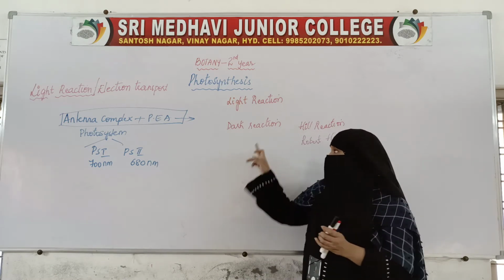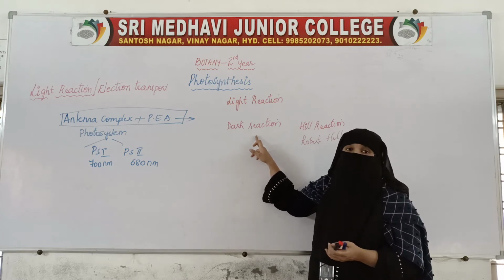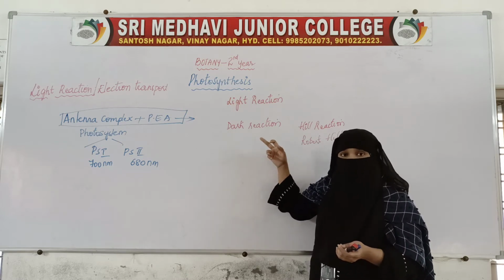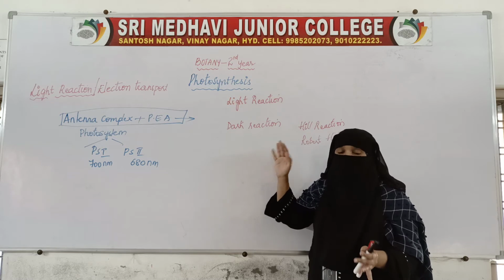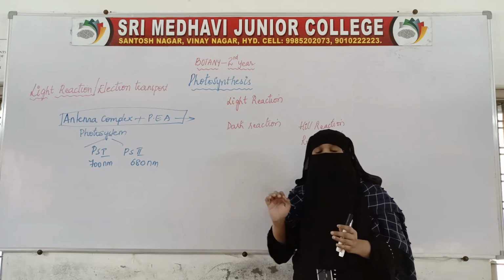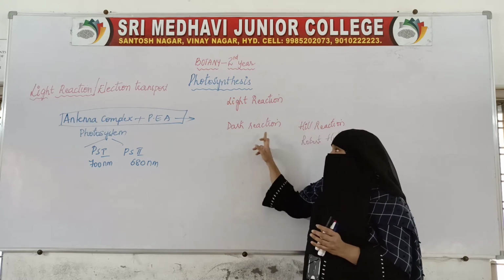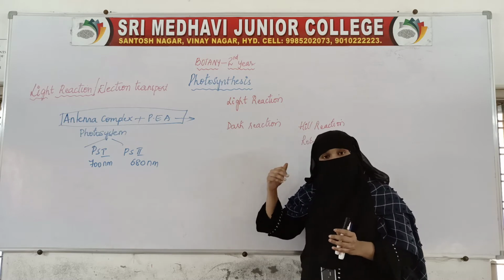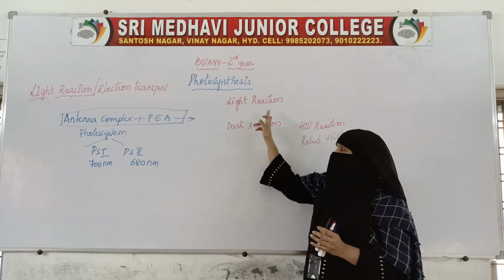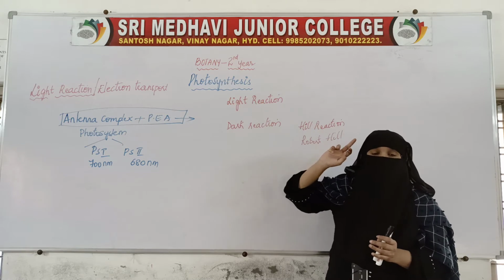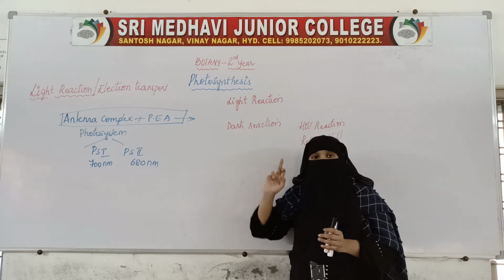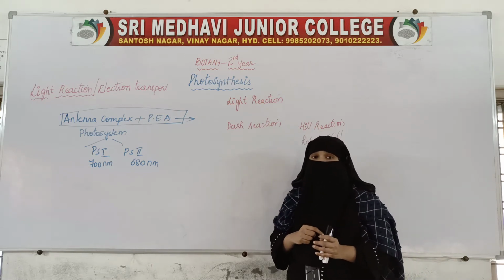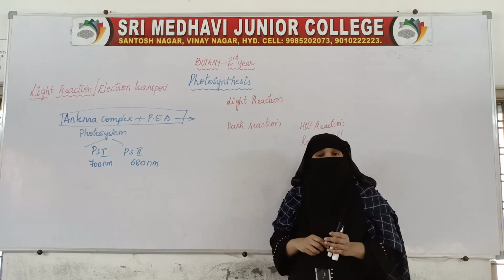So dark reactions are independent of light. If light is there, no problem; if light is not there, also no problem. Light reactions take place only in the presence of light and are light dependent, and dark reactions are not.